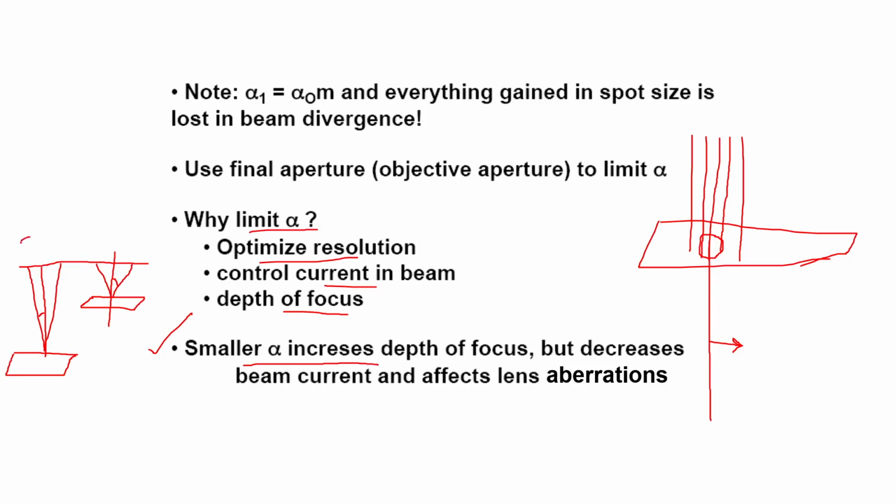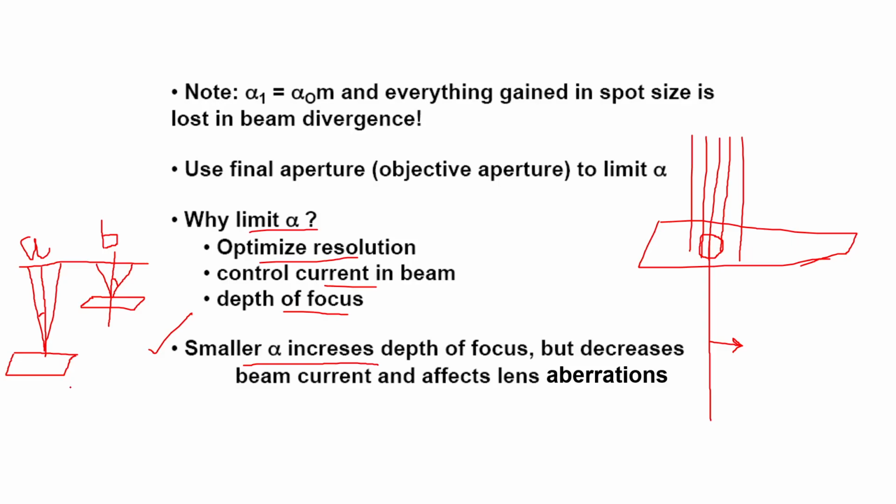So in case A, I have a smaller alpha. This smaller alpha means I will have a high depth of focus in the image.